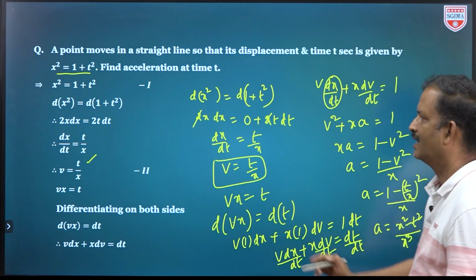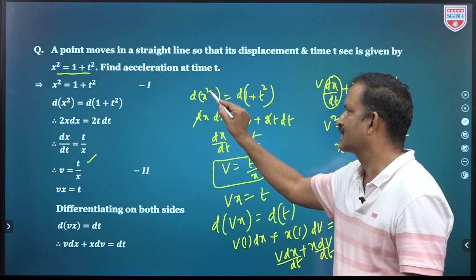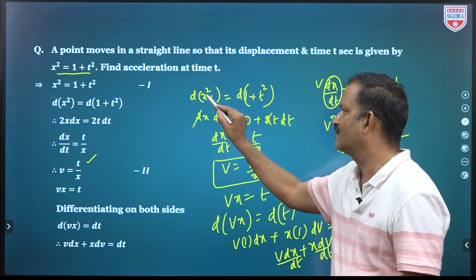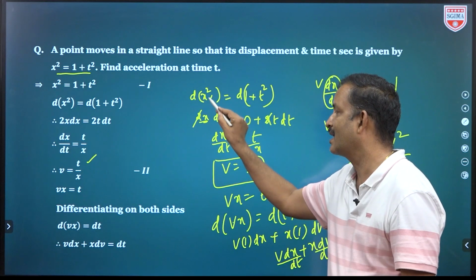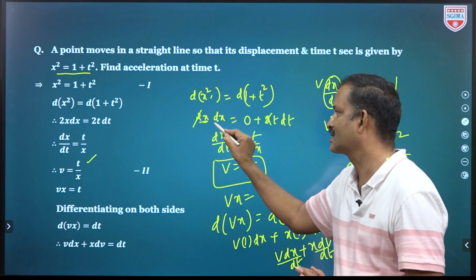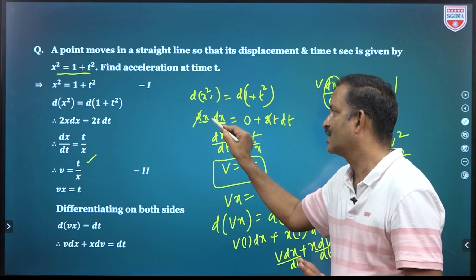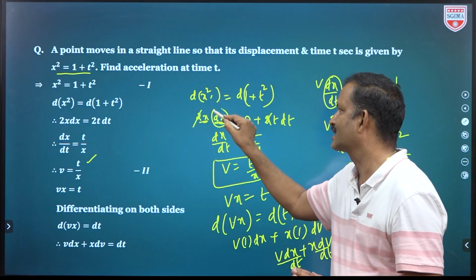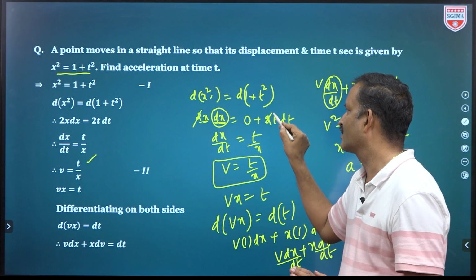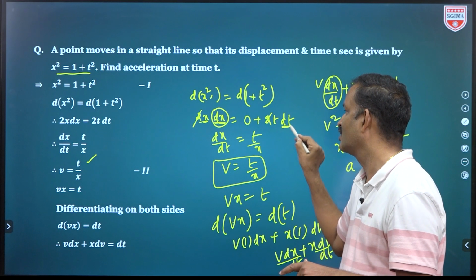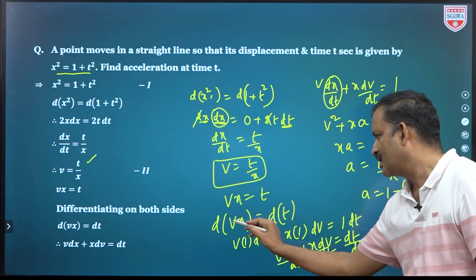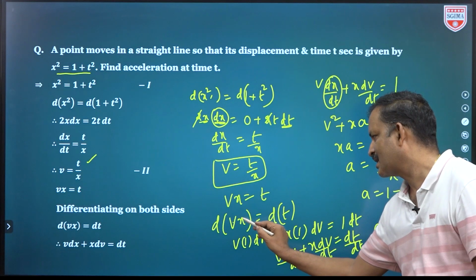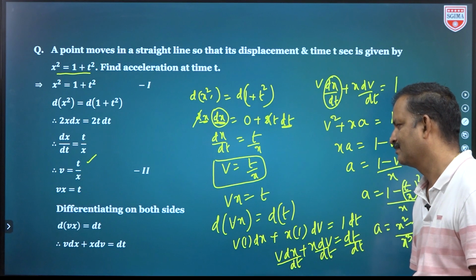Here, in this way we are doing x square differentiation. I am doing the differentiation of x, you have to write dx. Here t square differentiation 2t, I am doing the differentiation of t. Here also x differentiation 1 dx.